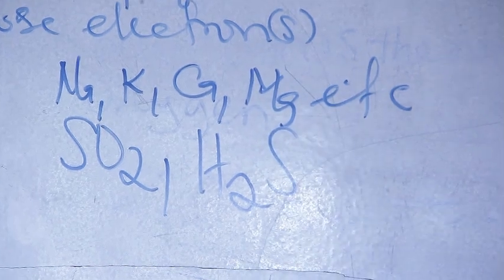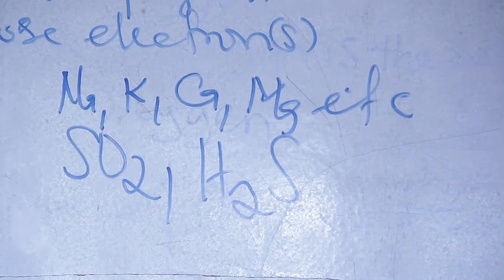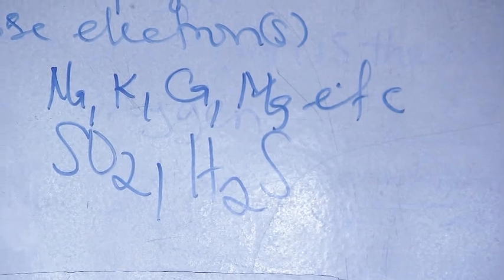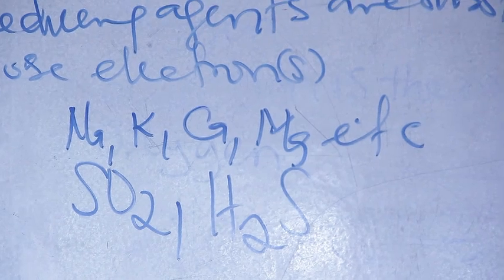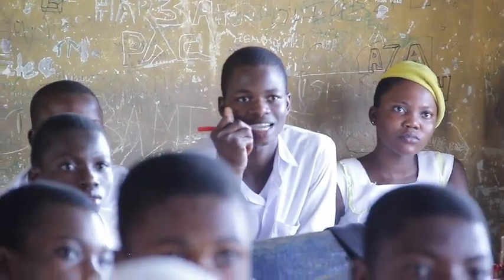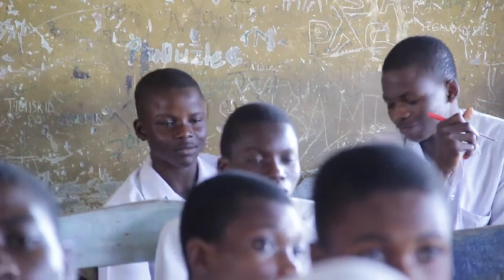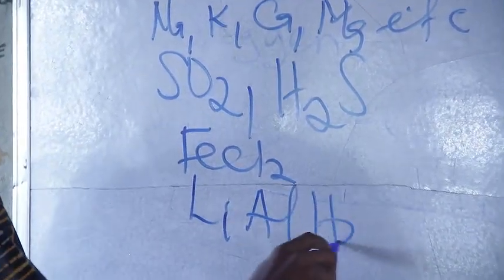That tells you that some metals are reducing agents, and some gases, not all gases, are reducing agents. We also have some compounds that are reducing agents. An example of a compound is iron(II) chloride, and also LiAlH4.